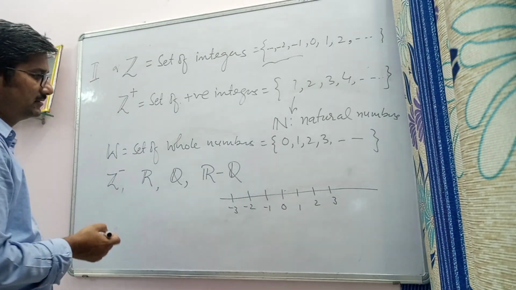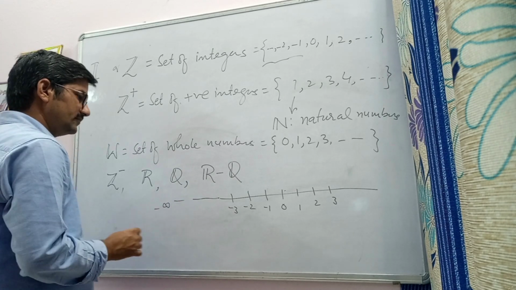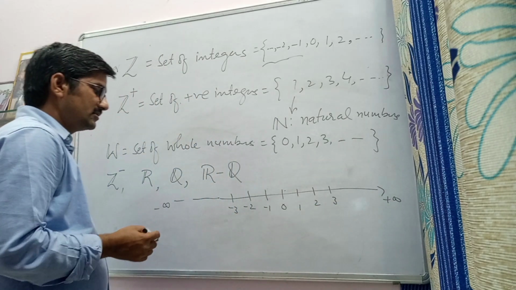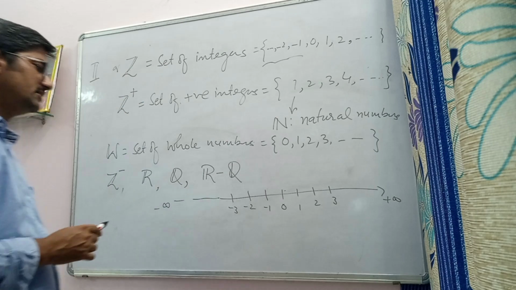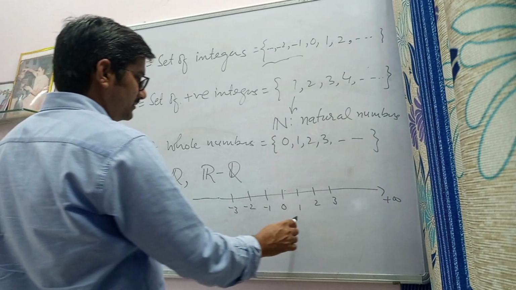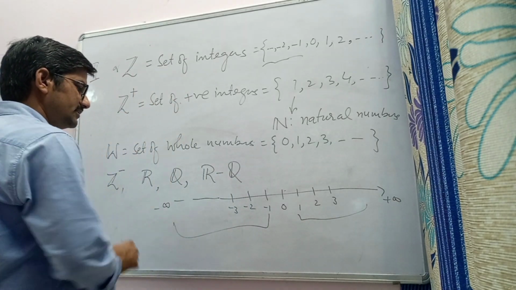We can go to minus infinity on the left side and plus infinity on this side. All the numbers which can be represented on this line are the real numbers, but we can categorize them. These are natural numbers, the set of positive integers, and these are the negative integers.